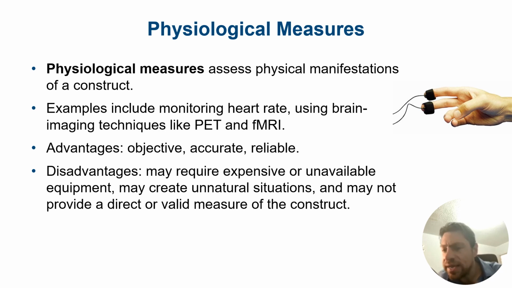Is it because you're excited? Is it because you're intrigued? These physiological measures are also difficult to interpret, and there's really never a one-to-one correspondence between a pattern of physiological responses and some mental state.